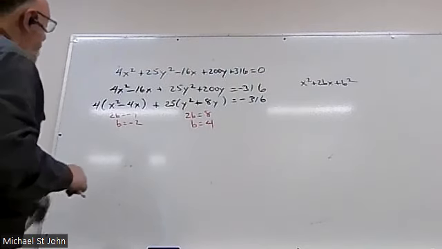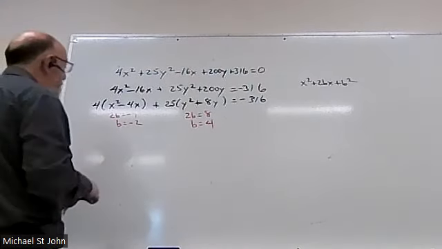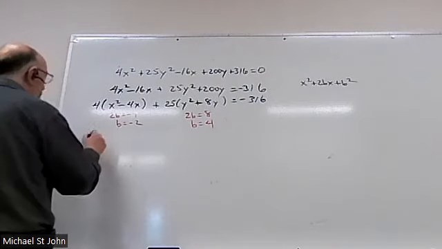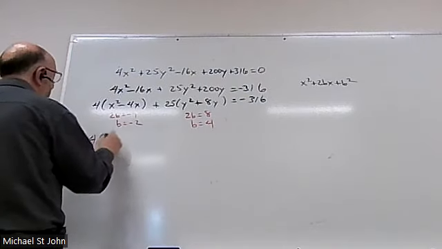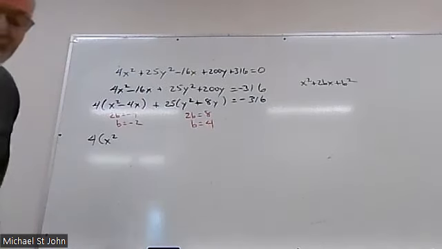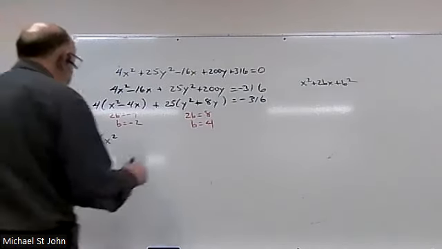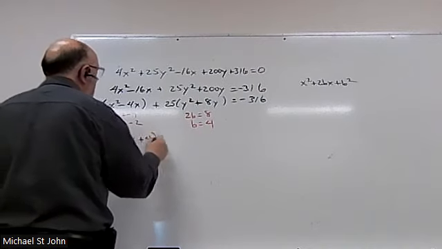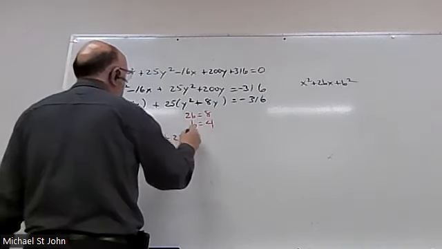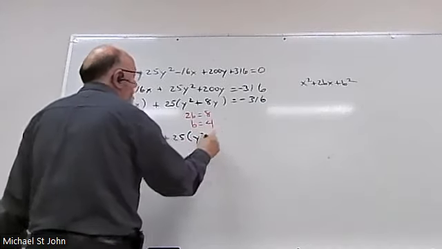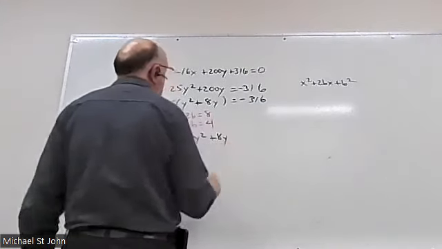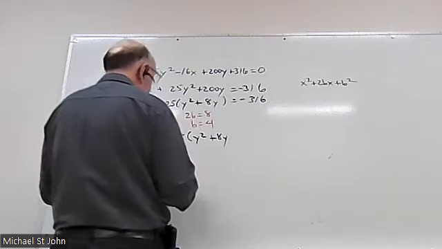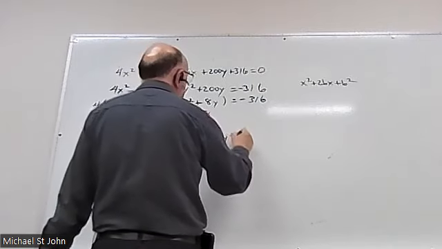So if I look at this, this would now be x squared minus 4x plus 4. This would be 25 y squared plus 8y plus 16.